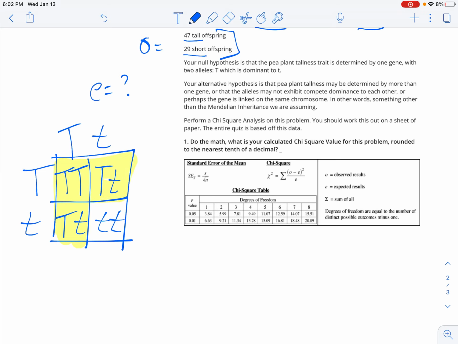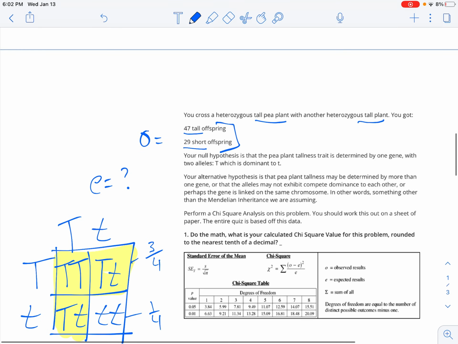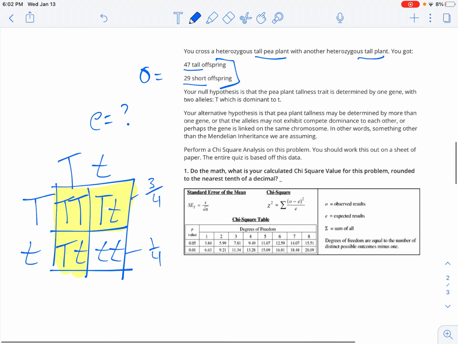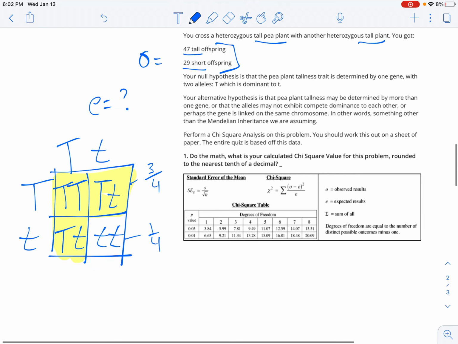So 3/4 of the pea plants are expected to be tall, and 1/4 are expected to be short. Okay, now that's great. We know our expected ratios, but I want to know what are our expected numbers of offspring. Okay, how do we do that?